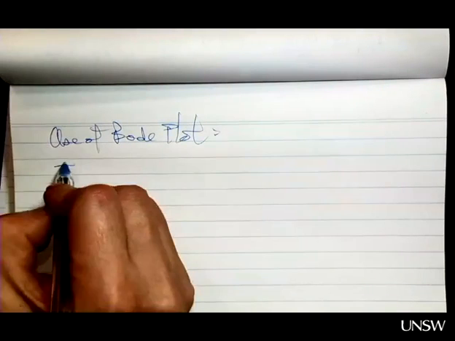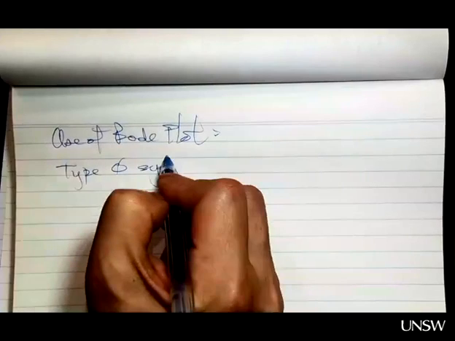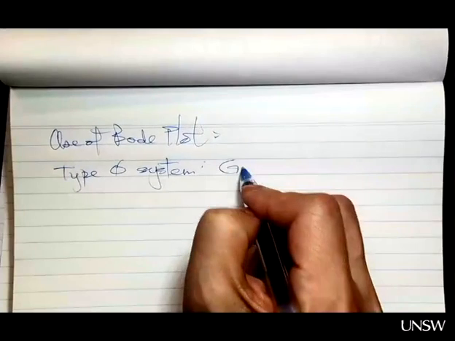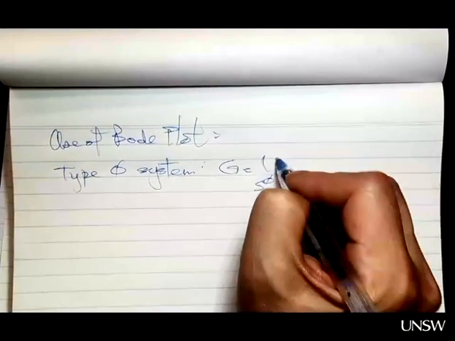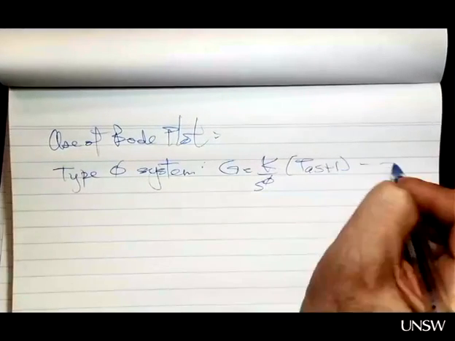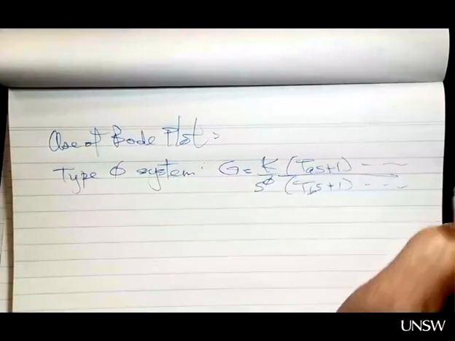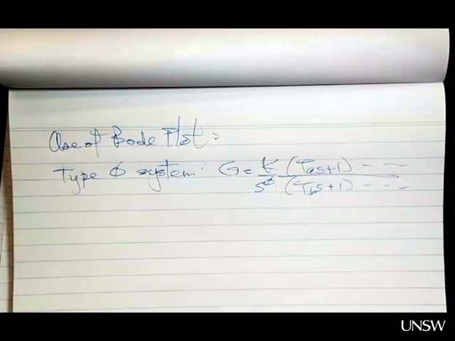If we have a type 0 system, G equals K and then T_A s plus 1, etc. This is a type 0 system.